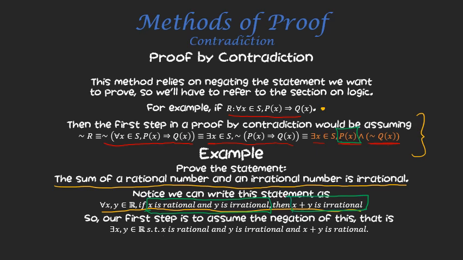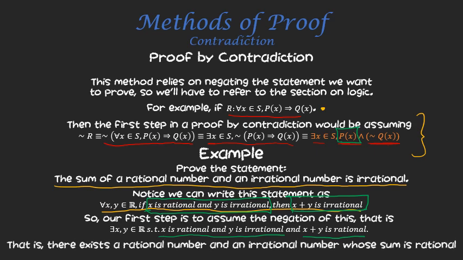And so our assumption would be, right, we have the hypothesis, x is rational and y is irrational, and x plus y is rational. So that's the idea here. That will be our first assumption, and we'll hopefully show some contradiction has to follow. So that's our starting assumption.